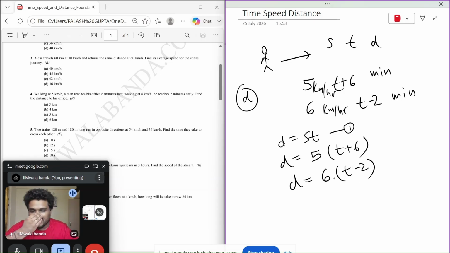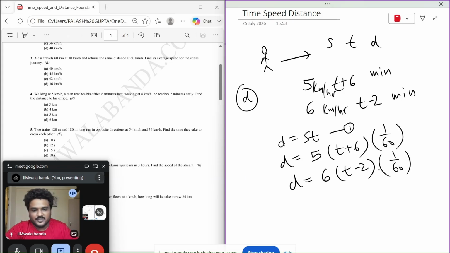Now most of the time we will be equating, so even if it is in minutes it will get cancelled, but as a thumb rule, whenever you're writing this, you should write 1 by 60 to the time, so that distance is in kilometers, because speed was kilometers per hour and time is also in hours. So now distance is coming in kilometers.